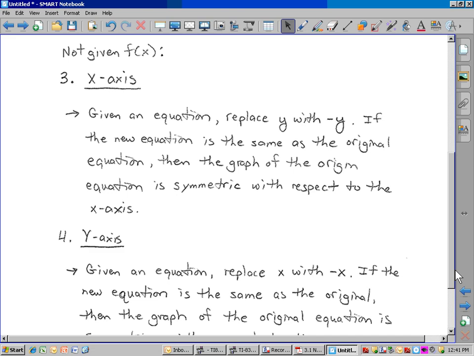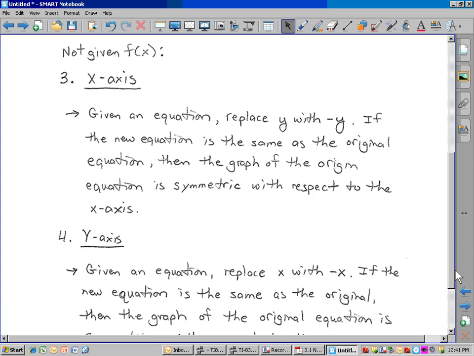A circle is not a function. Okay, but it has many lines of symmetry. So it doesn't have to necessarily be a function in order to test for symmetry. This is probably a little bit more similar to what you did in geometry last year. You had a graph, you had some kind of curves. Oh, where's the lines of symmetry? They don't necessarily have to be a function.